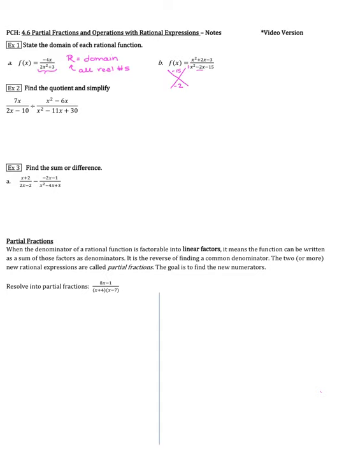What times what is negative 15 but adds up to a negative 2? That is going to be a negative 5 plus 3. And since a is 1, those are the numbers that would go into that.